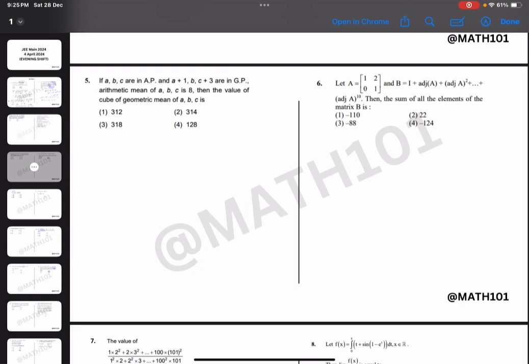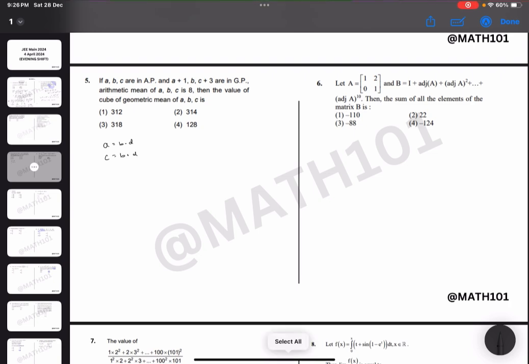Yeah, so moving on, the fifth question. A, B, C are in AP and A plus 1, B, C plus 3 are in GP. Arithmetic mean of A, B and C is 8. So A equals B minus D and C equals B plus D. Arithmetic mean of A, B, C is 8.